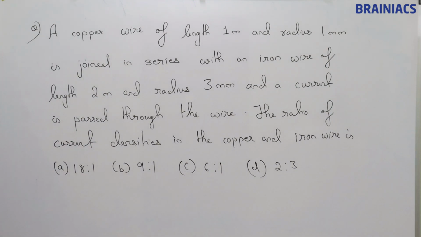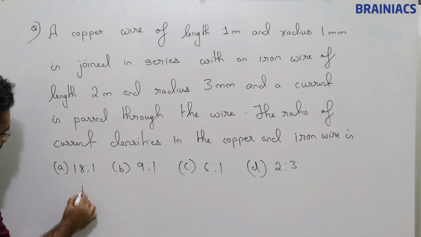I'll read out the question. A copper wire of length 1 meter and radius 1 millimeter is joined in series with an iron wire of length 2 meter and radius 3 millimeter, and a current is passed through the wire. The ratio of current densities in the copper and iron wires is, they are asking the ratio of current density.